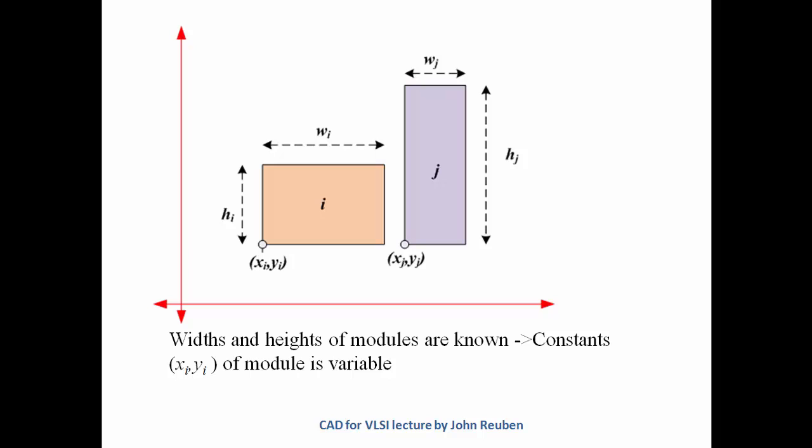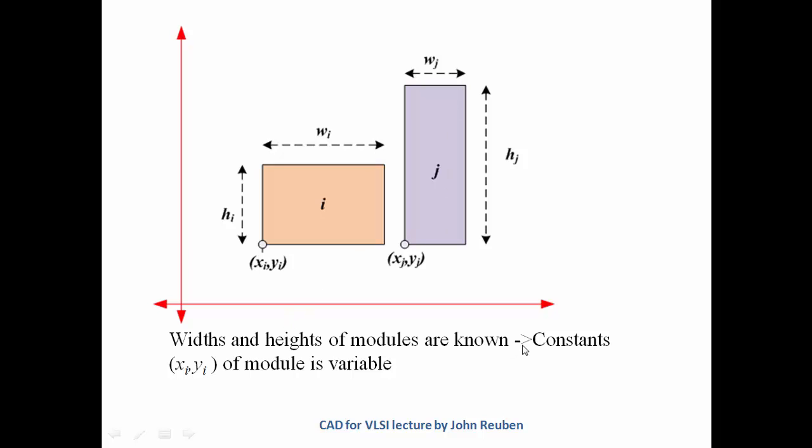And as I said, we have assumed rigid modules, so the width and the heights of the module are denoted like this: wi and hi and wj and hj.